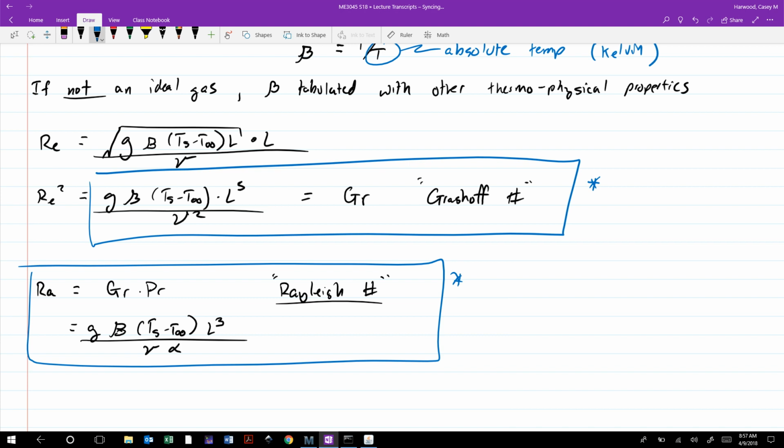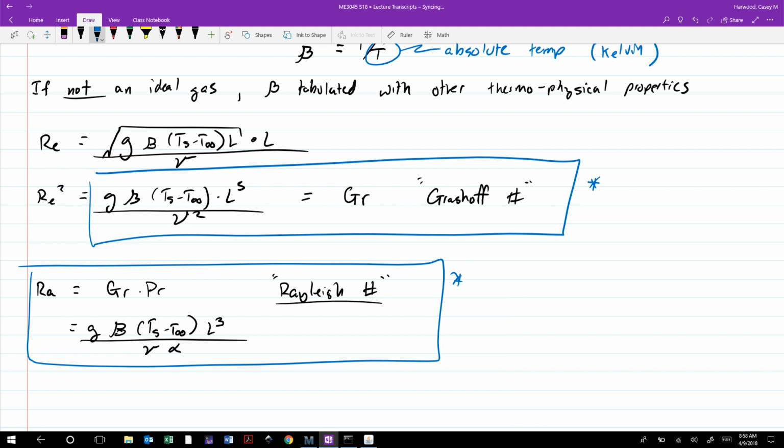So if the Grashof number is a version of the Reynolds number squared, the Rayleigh number contains the information of the Reynolds number and the Prandtl number, which means it has some information about the relative balance between inertial and viscous, or buoyancy and viscous forces, combined with information about thermal versus viscous diffusion.